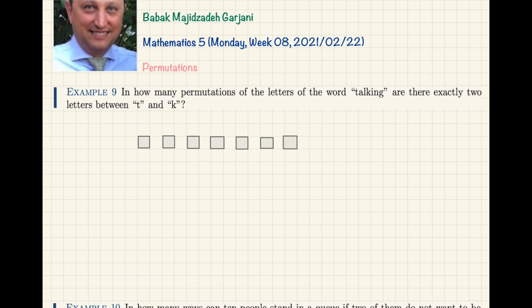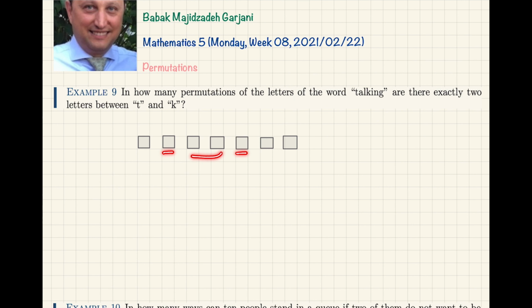So first, if you really want to do that, you need to decide about the positions for T and K so that there would be exactly 2 empty spaces in between. Okay? So this position and that position can be taken for T and K because there are two spaces in between. Or I can choose this one and that one, the second possibility.